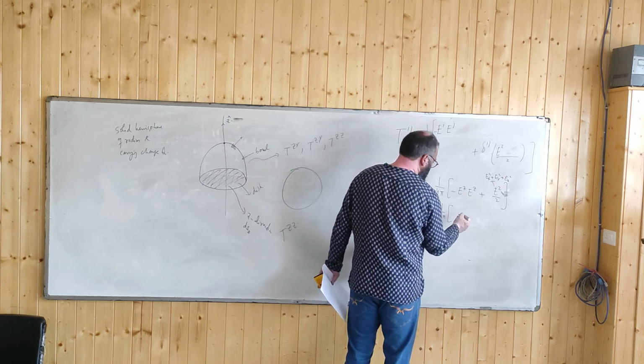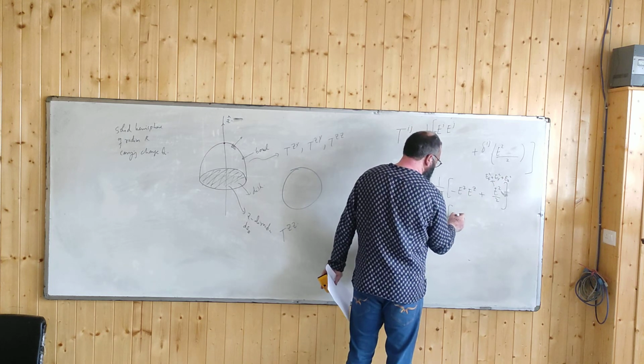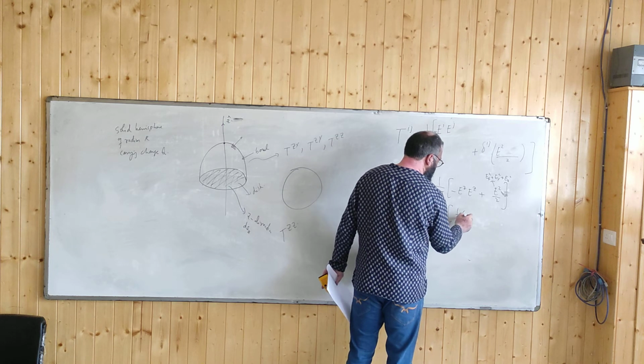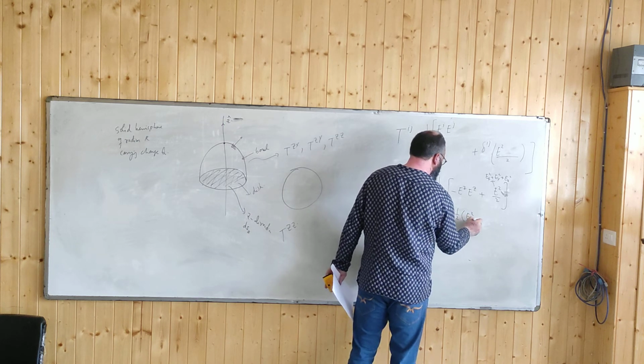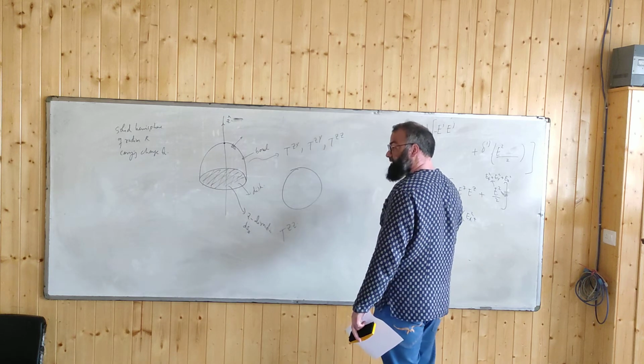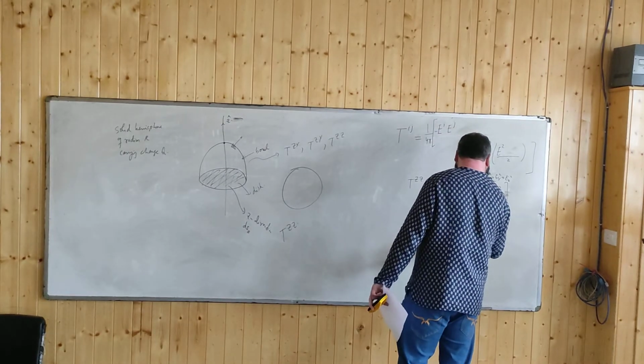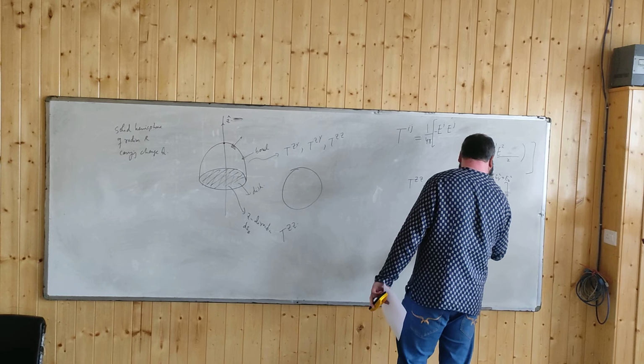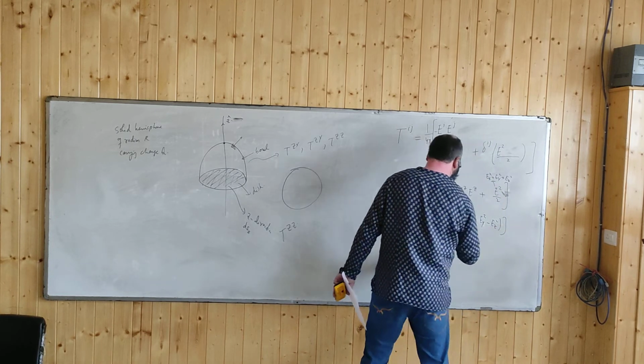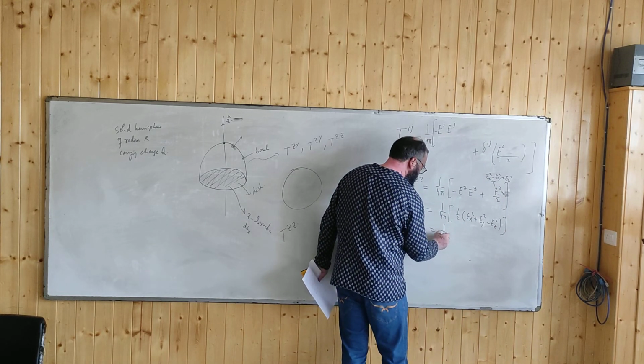So it's simply half of Ex square, Ey square minus Ez square.